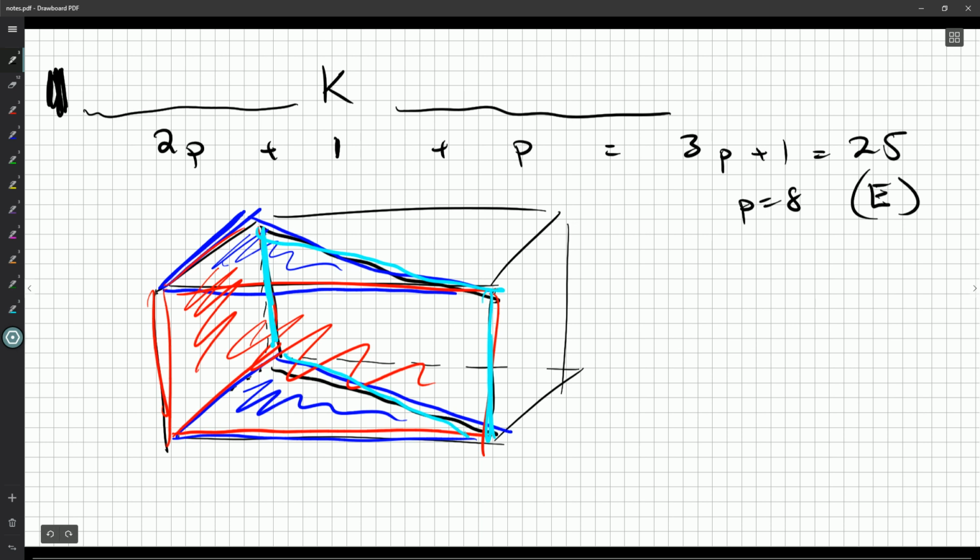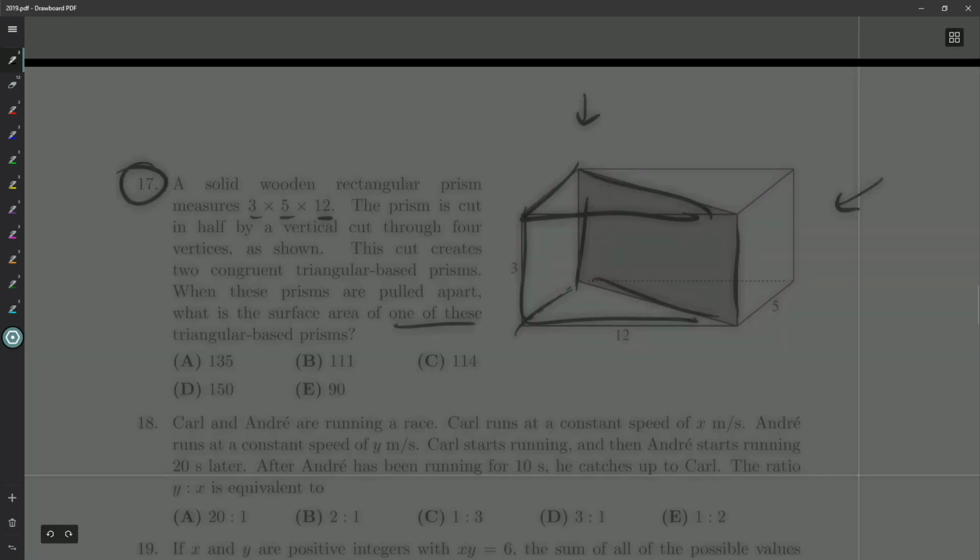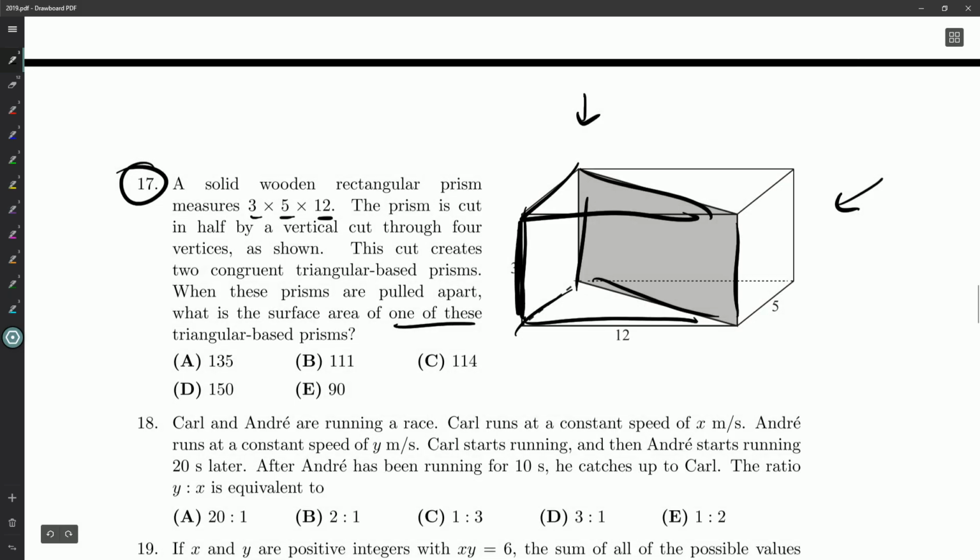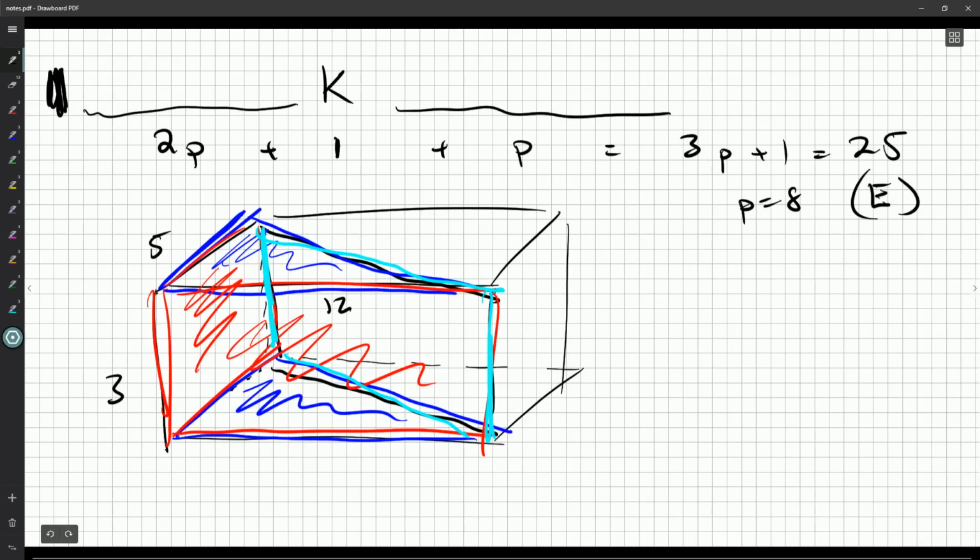So we know it's a 3 by 5 by 12, I think. Yeah, 3 here and 5 across. Okay, so we're good. Now, these triangles here, they're going to be right-angled because, well, on the surface of a rectangular prism, all the surfaces are rectangles.